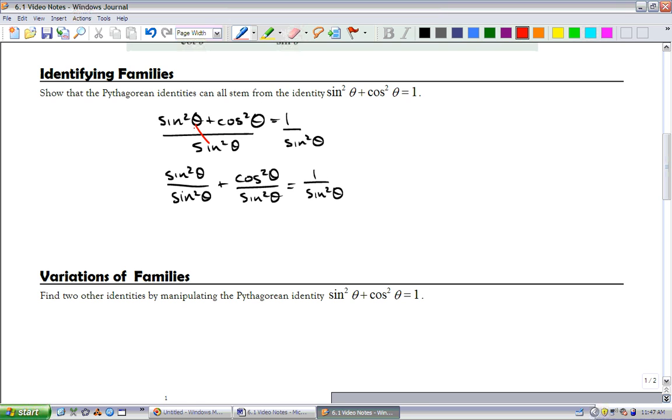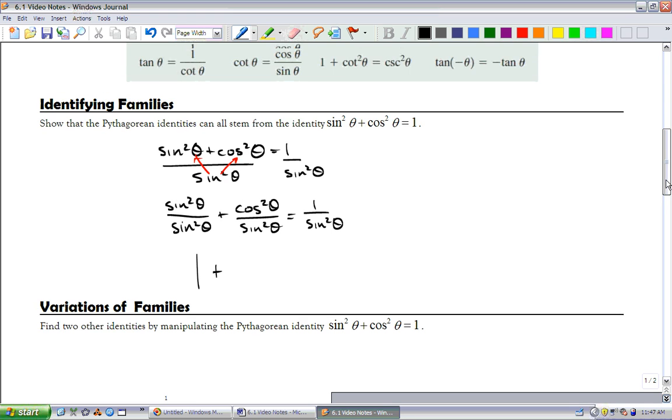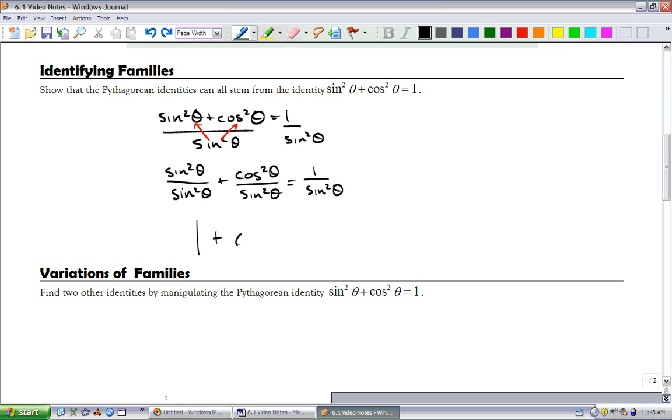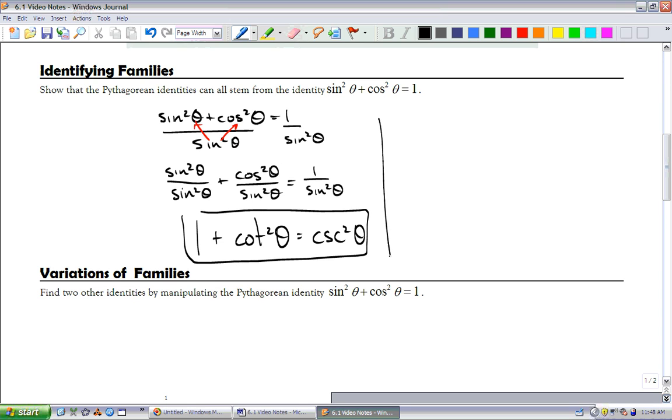All I did was put this sine squared under each one of those. What I get here is a 1 plus cosine squared over sine squared. If we go up here, we'll see cotangent equals cosine over sine, and if they're just multiplied to themselves, this would be cotangent squared theta equals 1 over sine squared would be cosecant squared theta. And this is another one of our Pythagorean identities.